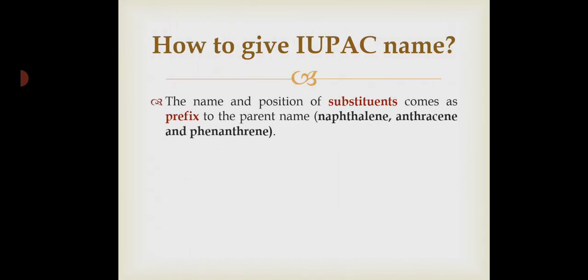Now coming to the substituents, the functional groups which only act as substituents and whose names come as a prefix. The names of these types of functional groups never come as a suffix.